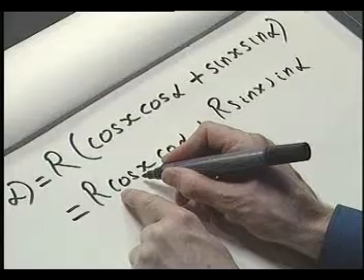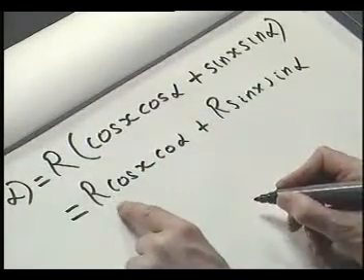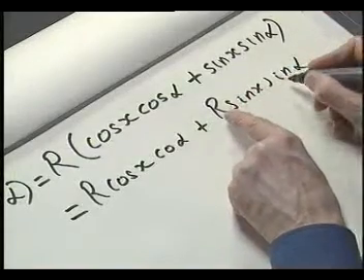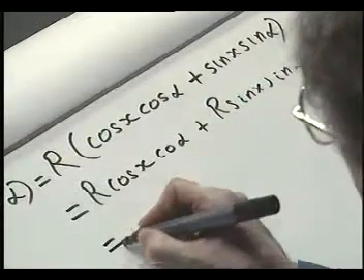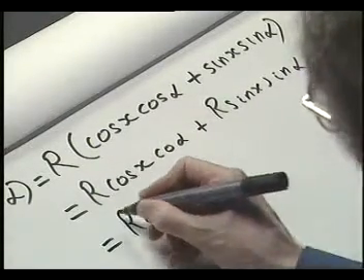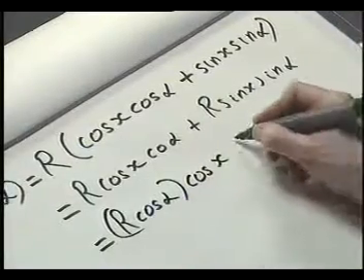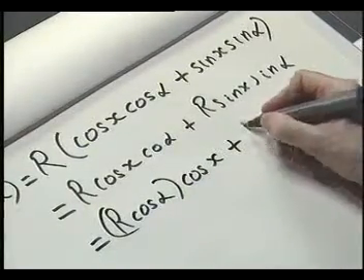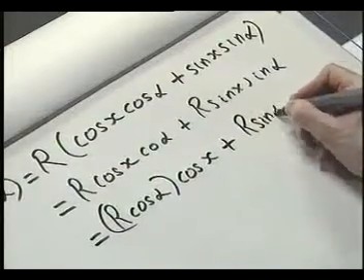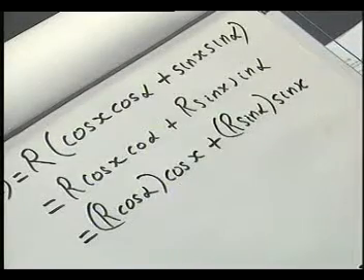Now I want to rewrite this so it's very clear what I am multiplying cos x by. So here I am multiplying cos x by R cos alpha, and I'm multiplying sine x by R sine alpha. So let's make that very clear: R cos alpha times cos x plus R sine alpha times sine x.